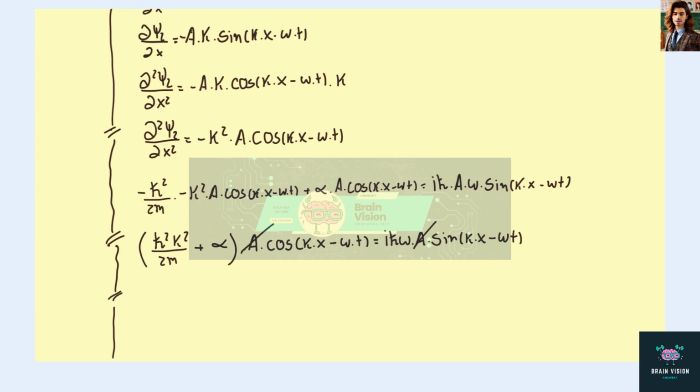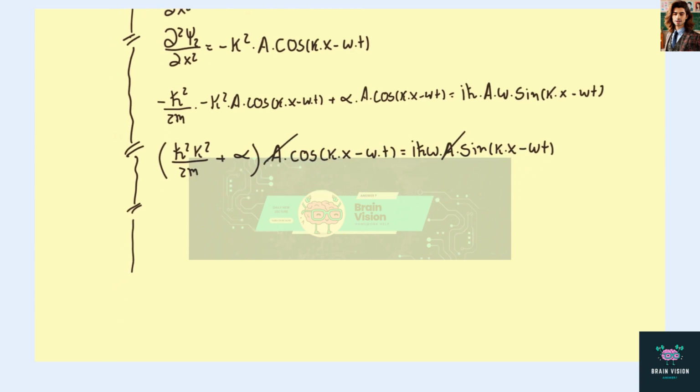The a's simplify out and we get the following. This quantity times the cosine of k times x minus omega times t should be equal to i times h bar times omega times the sine of k times x minus omega times t.